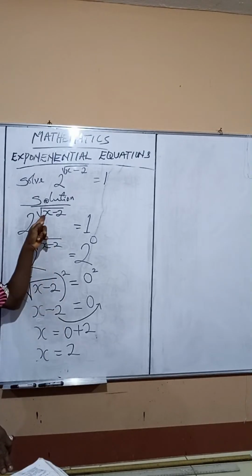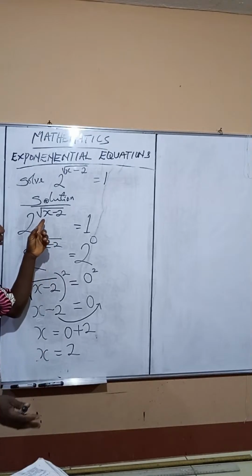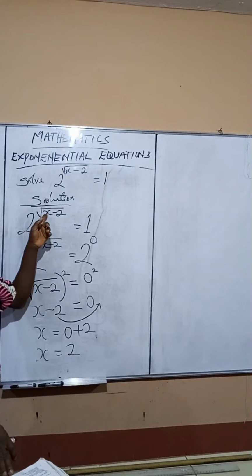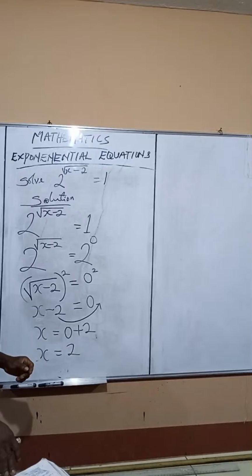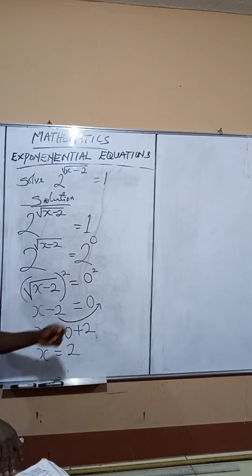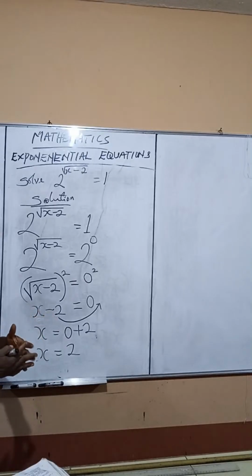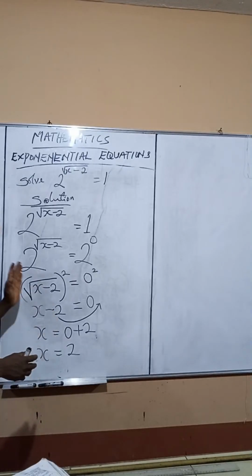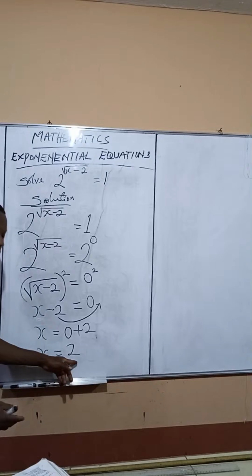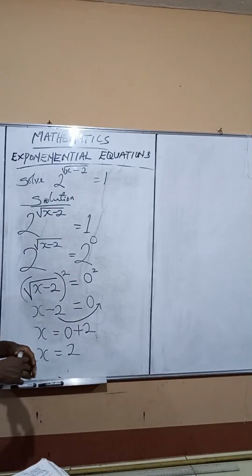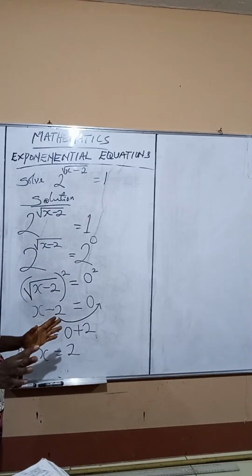If you put 2 here, 2 minus 2 is 0, and the square root of 0 is 0, and 2 raised by 0 is 1. Or you can simply get it here. So that is how simple it is to test if our solution to the question is actually correct. I hope it is clear.